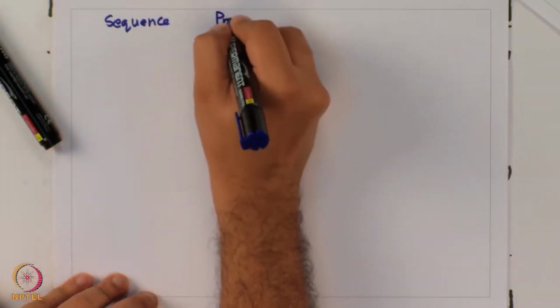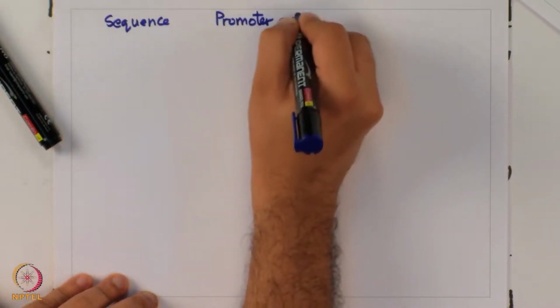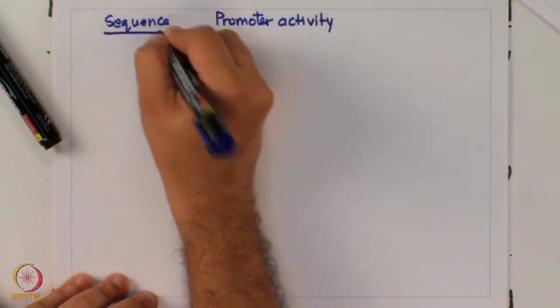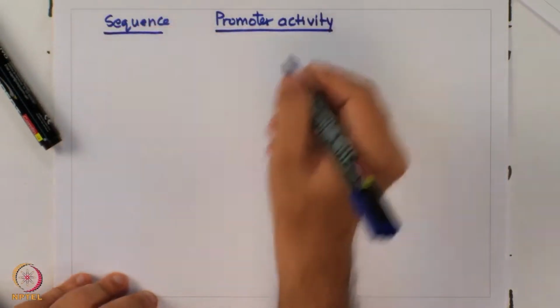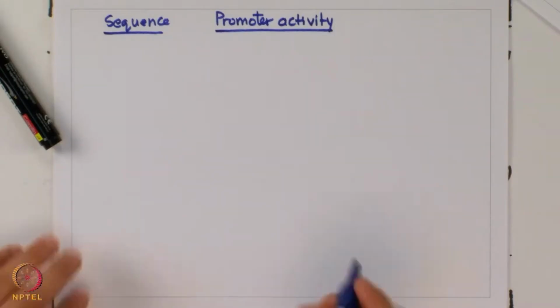and promoter activity. And remember, when I say sequence, we are only talking about the 3 nucleotides which we are varying here, keeping all the other sequences in the DNA polymer of interest of the promoter region constant.